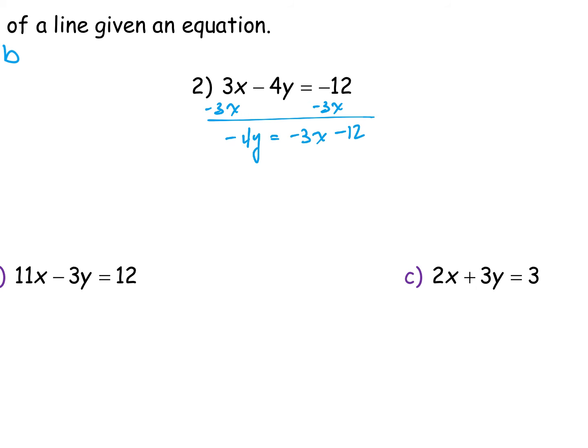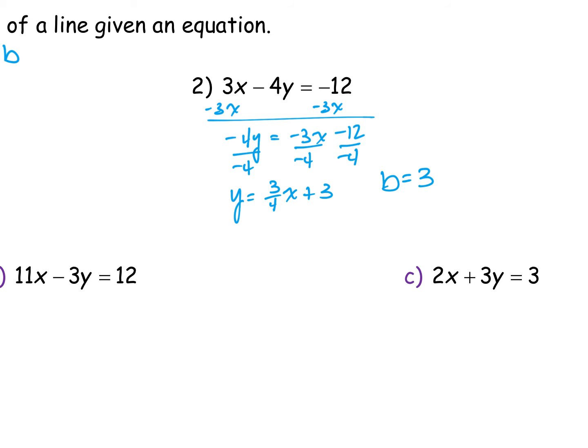Divide by negative 4, and you divide by negative 4 everywhere, right? So I get y equals 3/4 x plus 3. So what's my y-intercept? 3. Done. Questions?